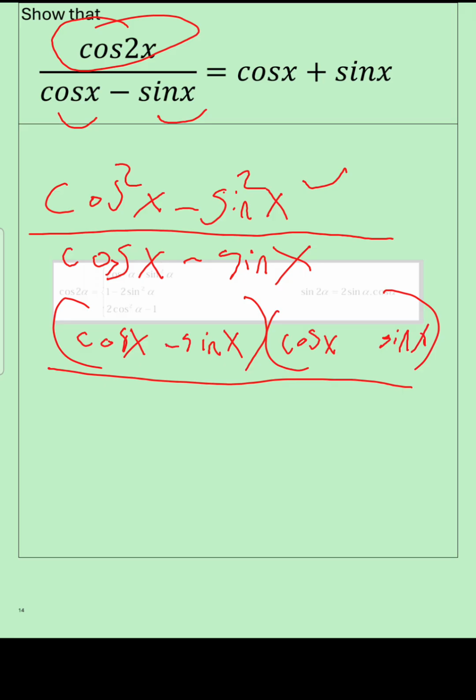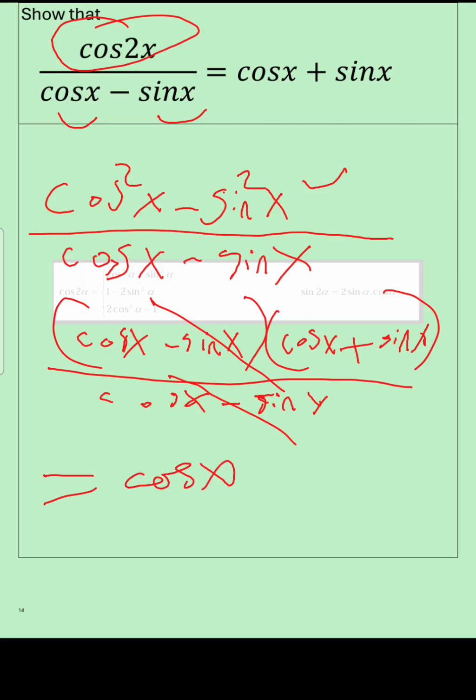We put different signs, over cos x minus sin x, and this and that cancel. Left with cos x plus sin x.